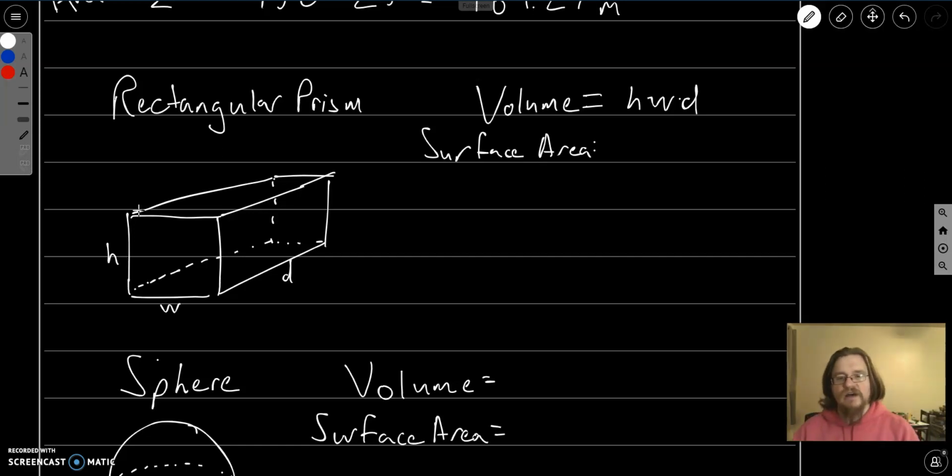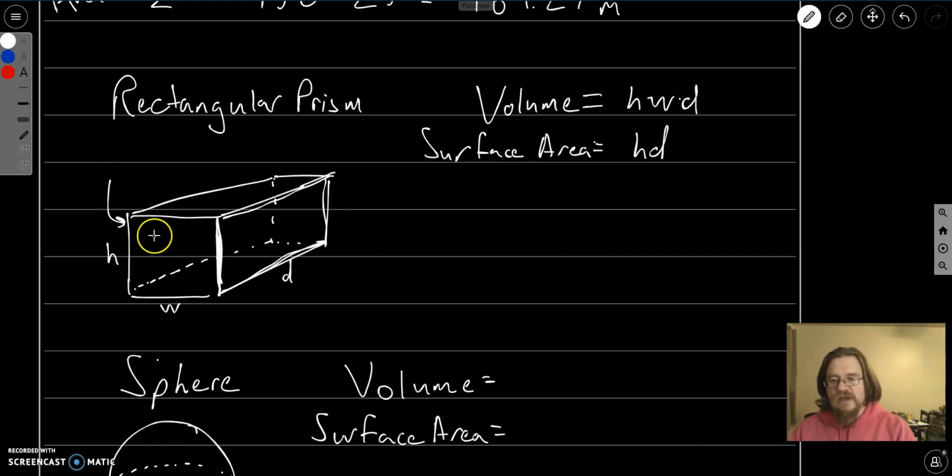The surface area, if we look closely, we can see that this side is just going to be a rectangle. So the area on that side is just going to be a rectangle. We know that that side is going to be the height, which is this length here, times the depth. That's the area of that side. But there's also one on the back.